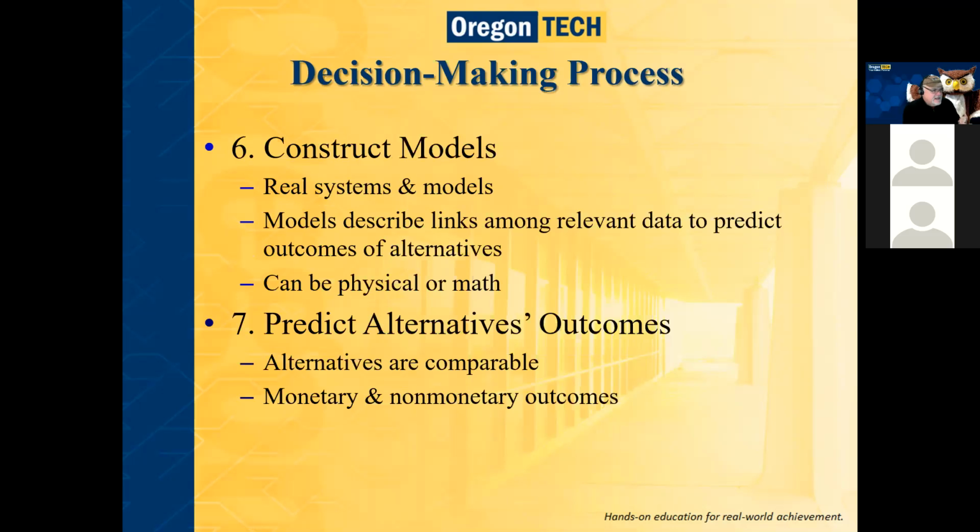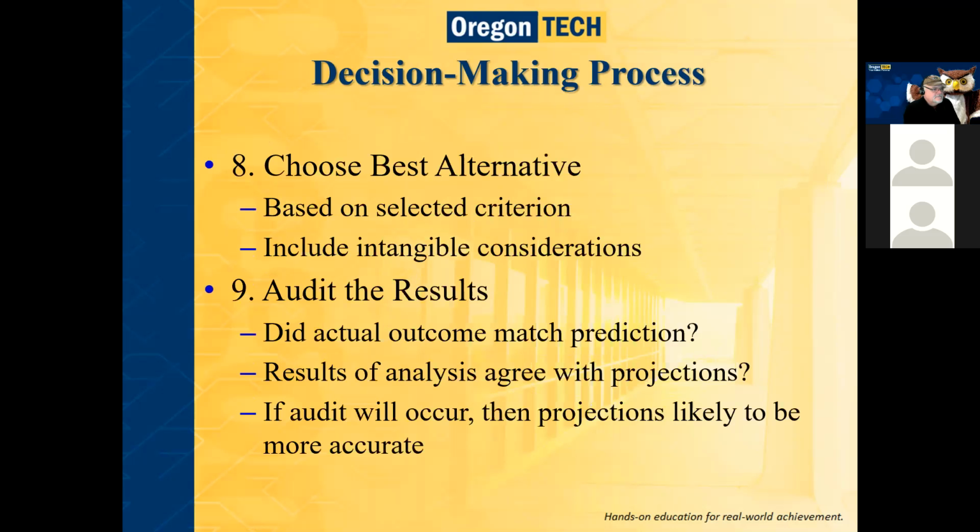Construct models, we're going to do that a lot. Again, these are just the top ones from that nice diagram on page 7. Predict your outcomes. Construct models, physical or math. Choose the best alternative, and audit the results. Does what you say is going to happen actually happen? And this is where most things fail, especially in project management.